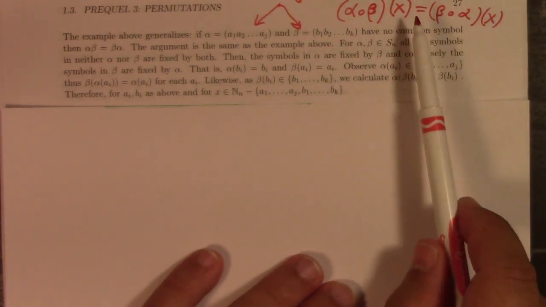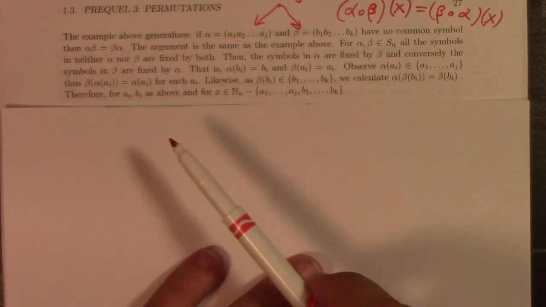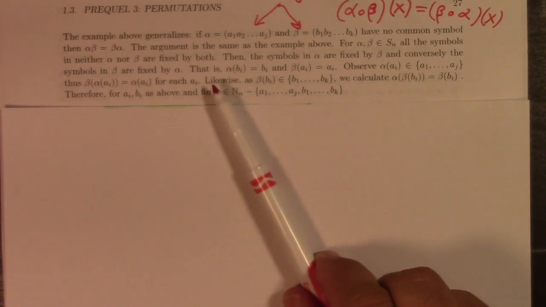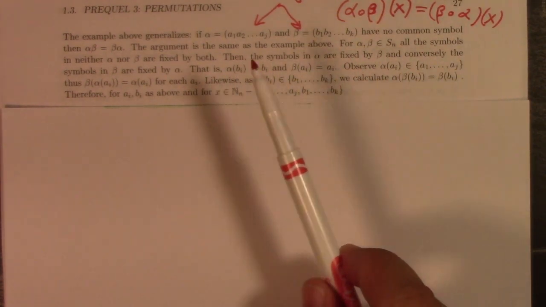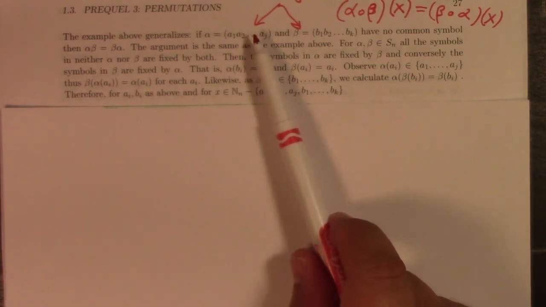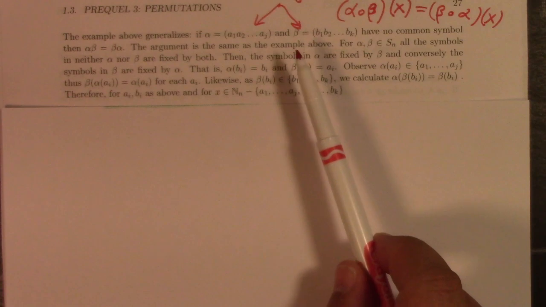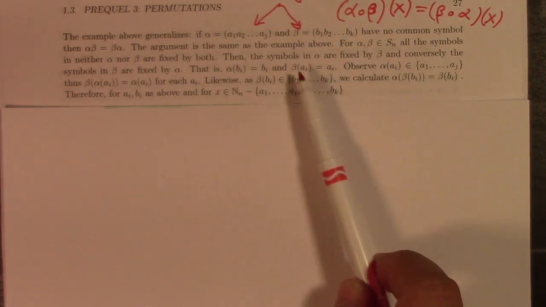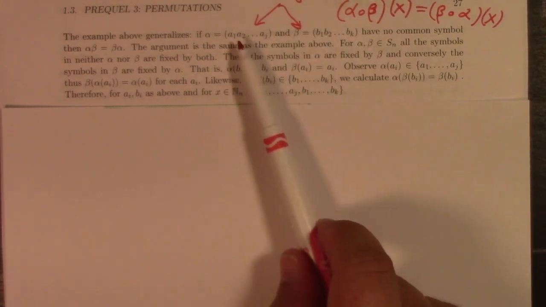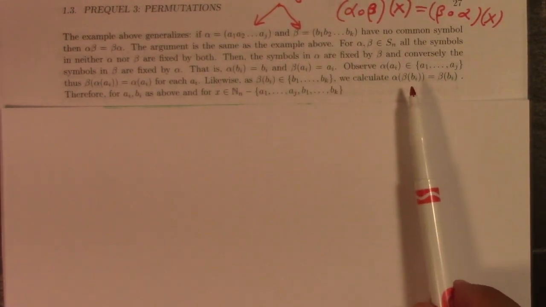Of course, what's more interesting is when x is actually taken from one of these lists, and that's what is described down here. So if we think about x equal to b_i, one of these guys, then alpha of b_i is equal to b_i, and beta, on the other hand, beta of a_i is equal to a_i. So they fix their complementary symbols because we're assuming they're disjoint.